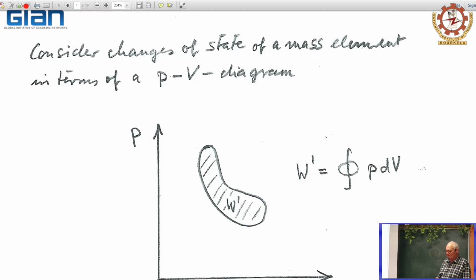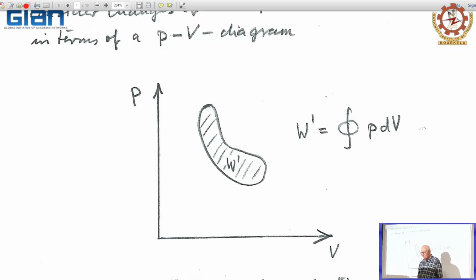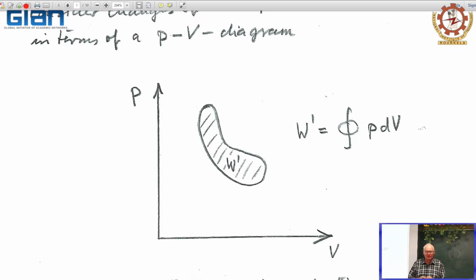The mass element has a certain pressure and a certain volume, and during a cycle of a pulsation, we consider the path of this mass element in a pressure volume diagram. If the pulsation is perfectly cyclic, a perfectly periodic motion, then this will be a closed loop in the pressure volume diagram.